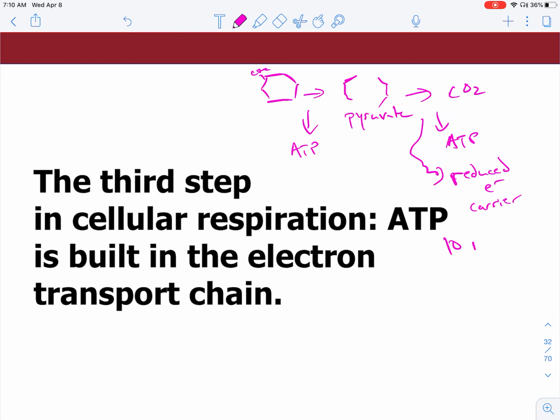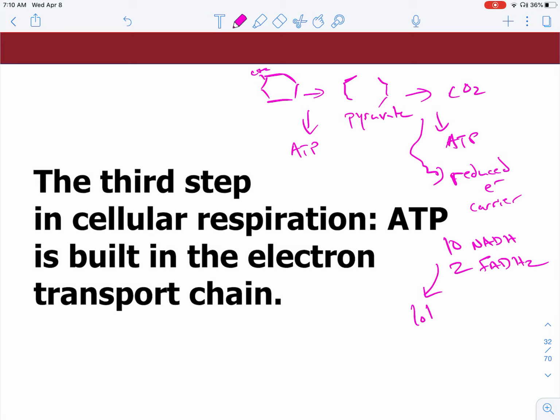So we have 10 NADH and two FADH2s. And now finally we get to pull out the energy.